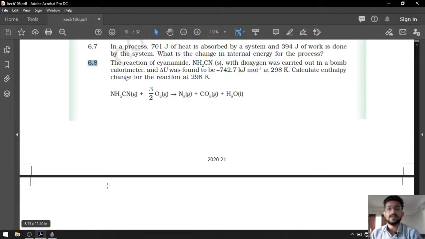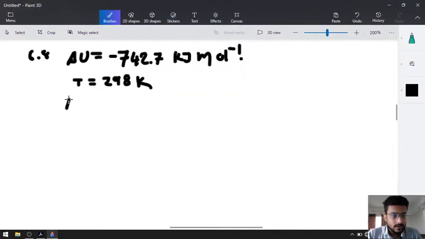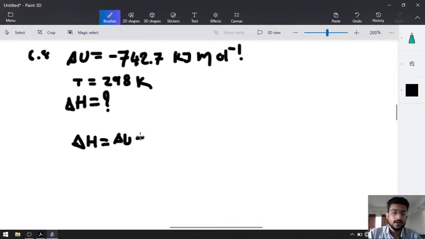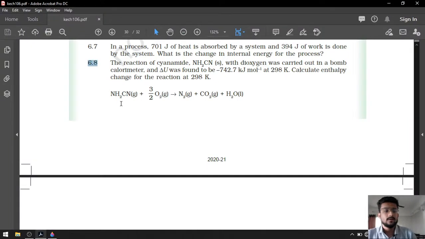After that, calculate the enthalpy change. So we have to calculate ΔH for the reaction. We have the formula ΔH equal to ΔU plus ΔngRT. For that we have to calculate Δng. What is the reaction?